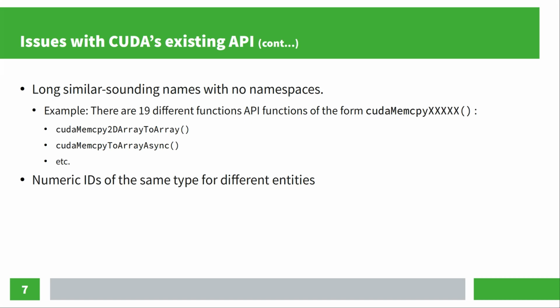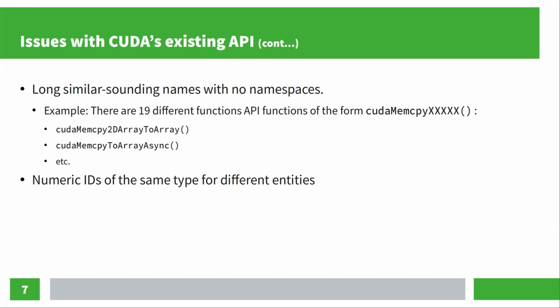And another thing that also has to do with catching errors is that there's a lot of use of numeric IDs. There are indices of devices, of peers, of events, and sometimes you do catch things because the type is different, because it's a different kind of pointer.